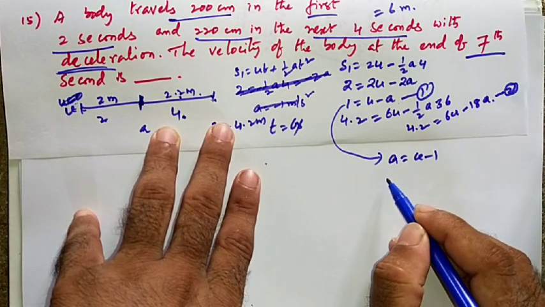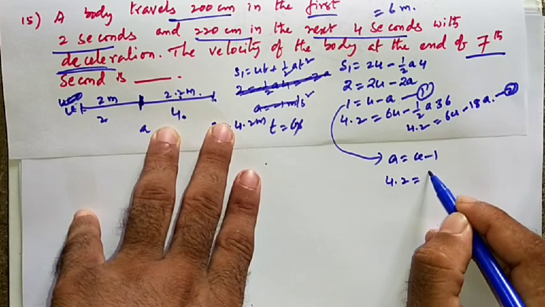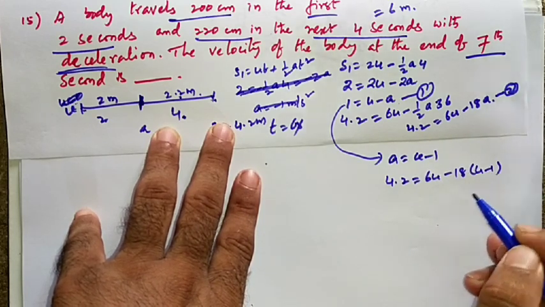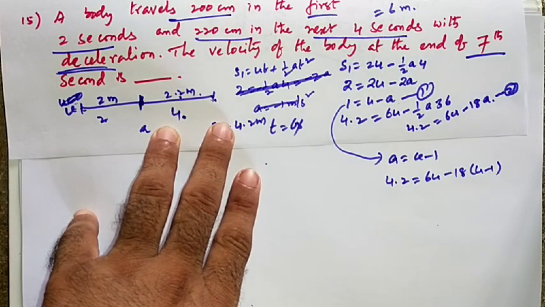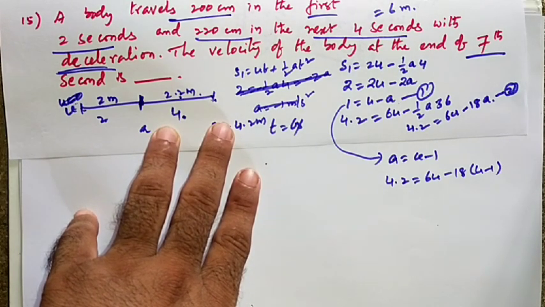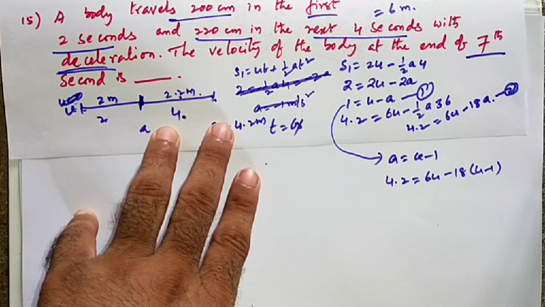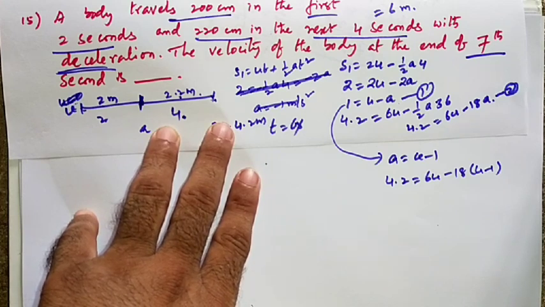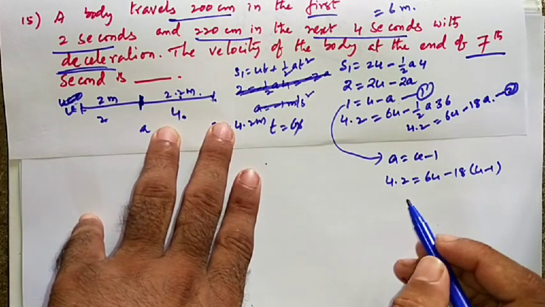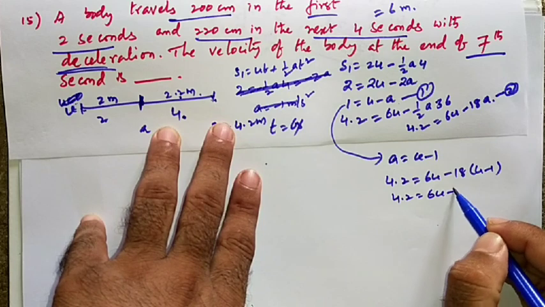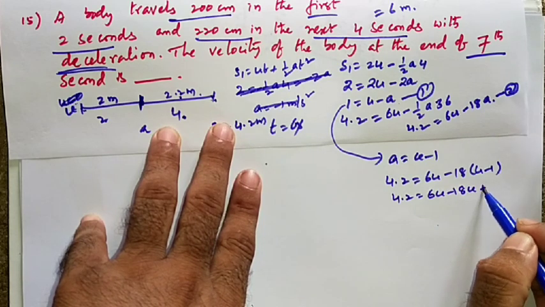Substitute this here. So 4.2 is equal to 6u minus 18 into u minus 1. Then we need to solve for a value after the u value. First solve for the u value. What do you get from that? 4.2 is equal to 6u minus 18u plus 18.